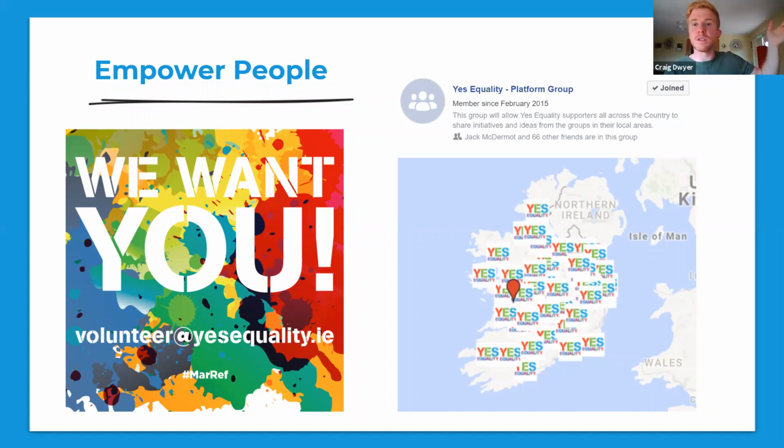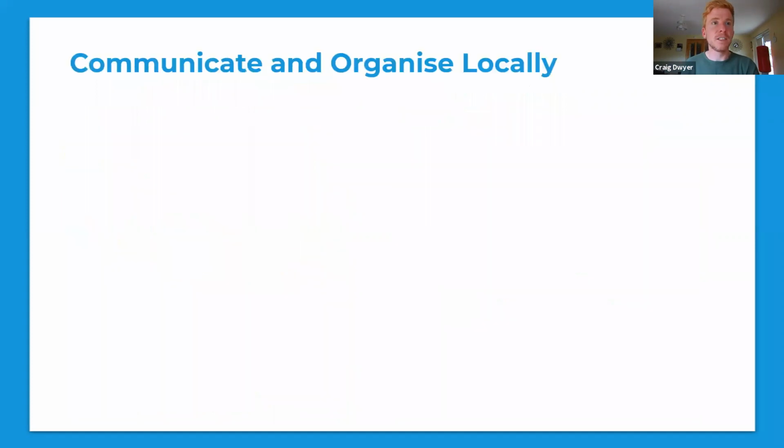So Yes Equality Cork starting a Facebook page, people joining that way, and then them calling a meeting around that, and that's how a lot of these groups got going and got off the ground. And then they also kept up an active presence on social media throughout the campaign as well.